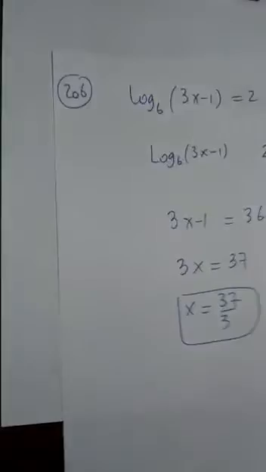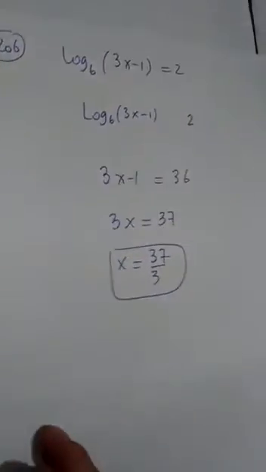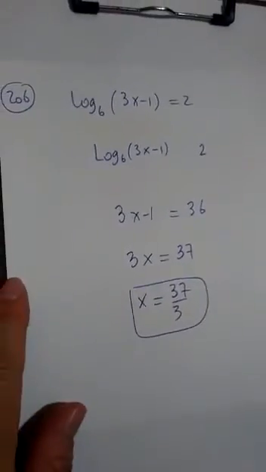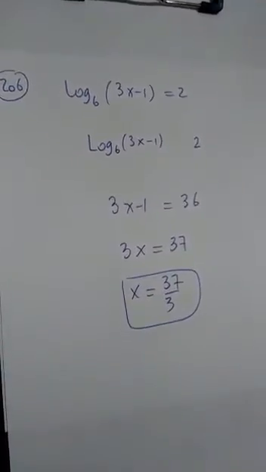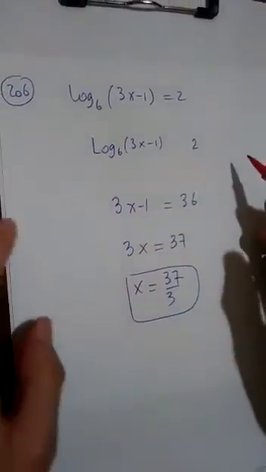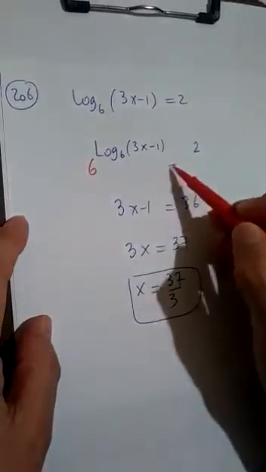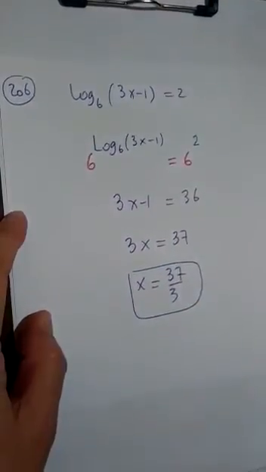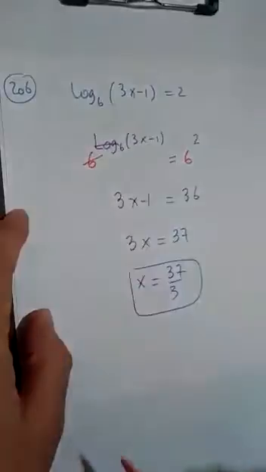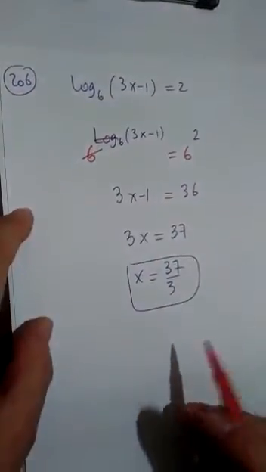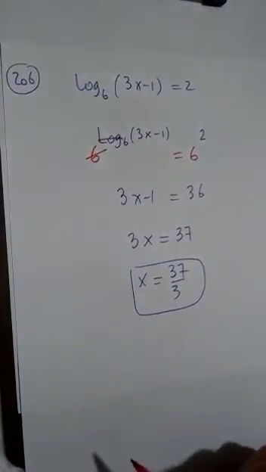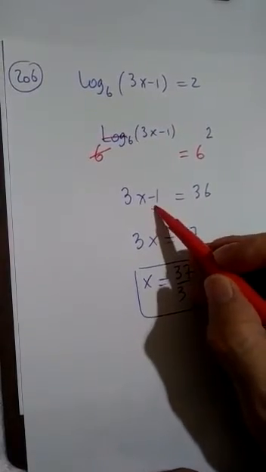Next example, log in base 6 of 3x minus 1 equals 2. I'll rewrite it here. This is log in base 6, so 6 to the power left side equals 6 to the power right side. 6 log 6 will cancel. That leaves you with 3x minus 1. 6 squared is 36. Okay. Linear equation, add 1.